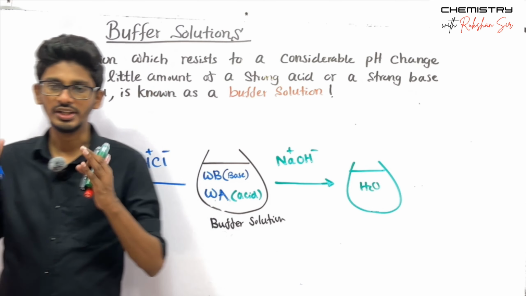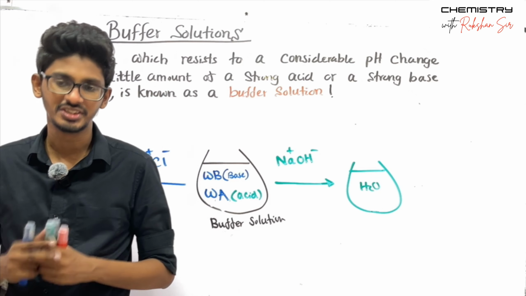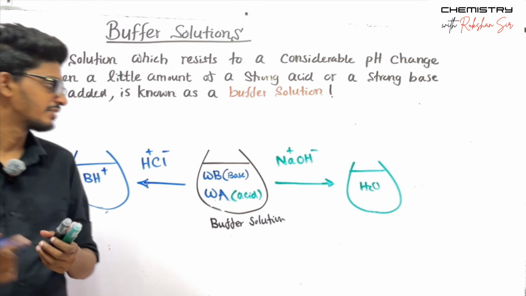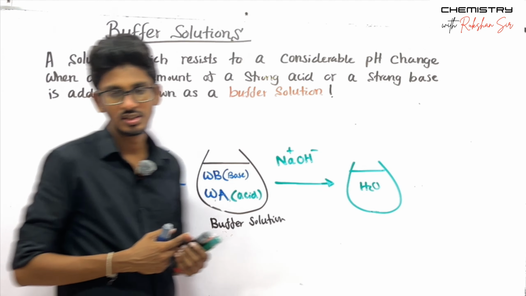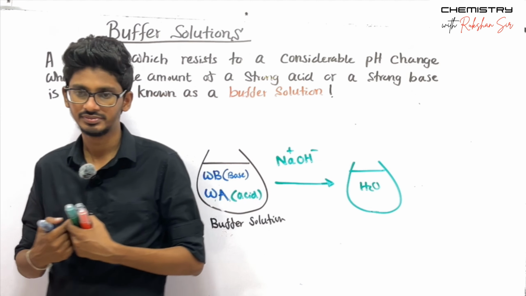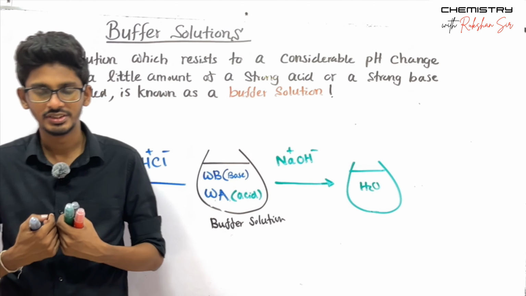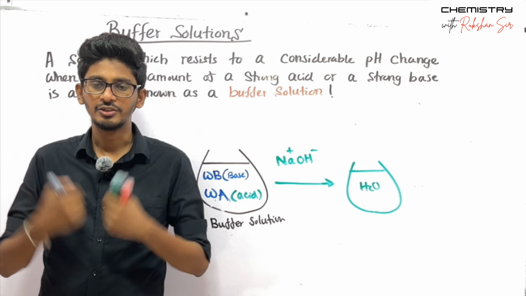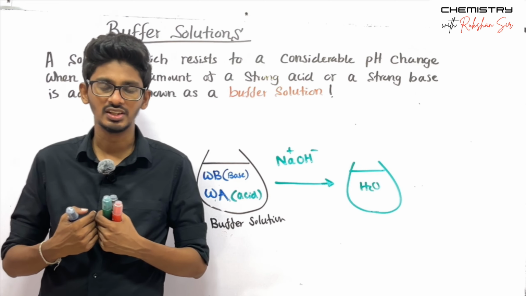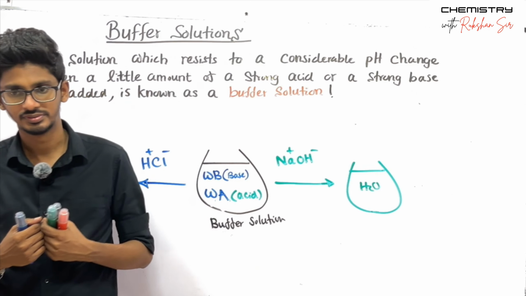So if you are to come up with a better definition for a buffer solution, one can say a solution containing a weak acid and a weak base which resists a pH change when adding a little amount of strong acid or strong base is referred to as a buffer solution.